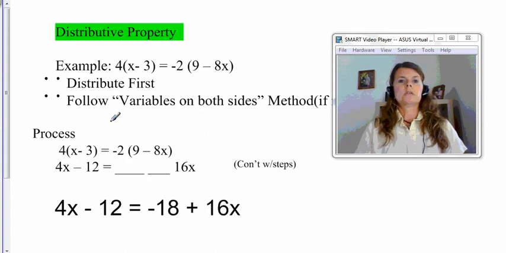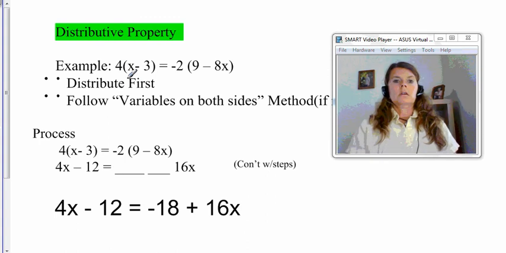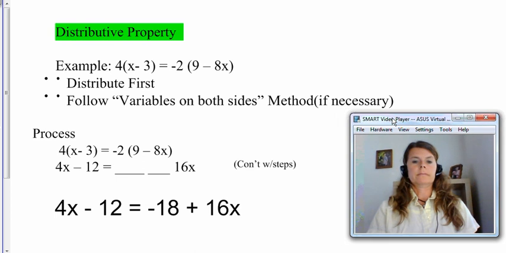Okay, using the distributive property. Every time we're solving for x, we're trying to get the x by itself. So you distribute first. Here's your steps. You distribute first, and then you follow the variables on both sides method if necessary. So let's distribute.